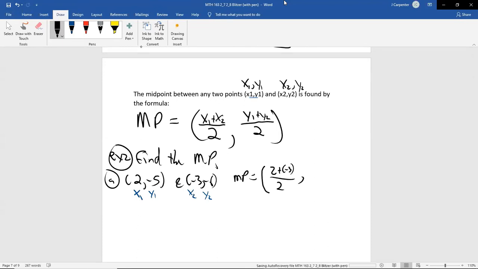That distance formula had pluses and minuses. This midpoint is just averaging, which means adding. Then average the y values, negative 5 plus negative 6, over 2. So that midpoint, 2 plus negative 3 is negative 1, so that's negative 1/2, comma. Negative 5 plus negative 6 is negative 11, over 2.